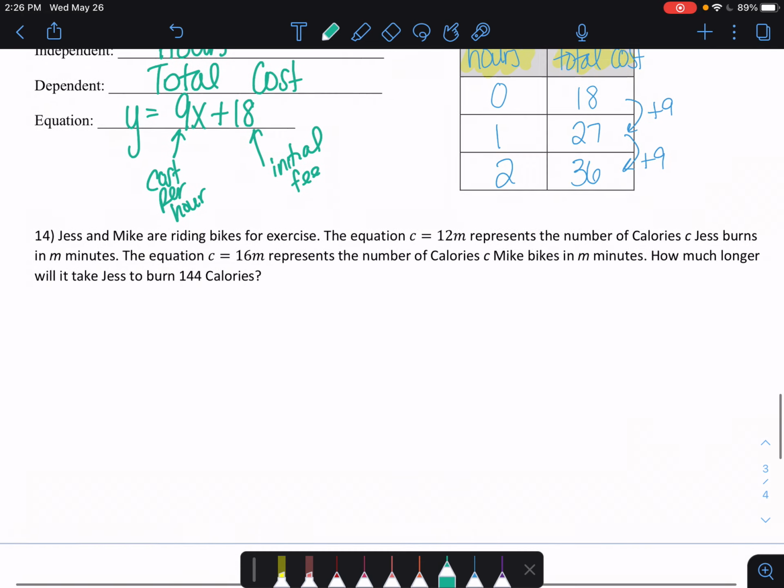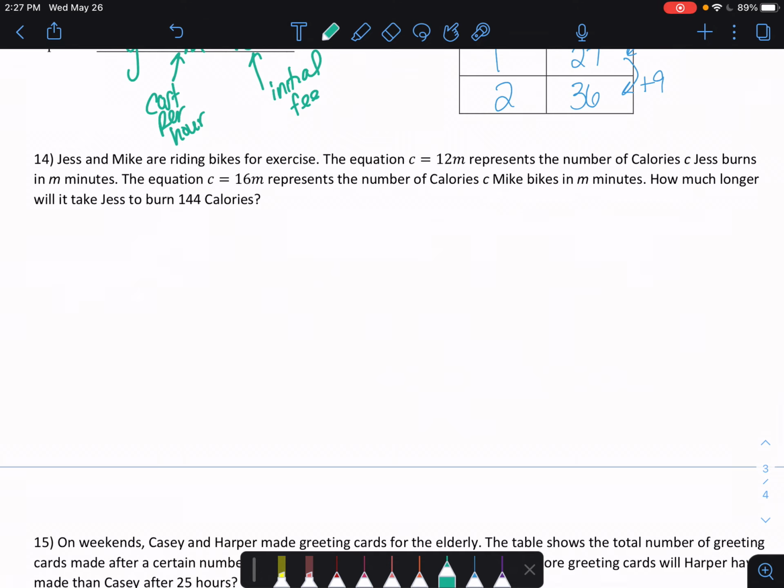Number 14 says Jess and Mike are riding bikes for exercise. The equation C equals 12m represents the number of calories that Jess burns in m minutes. The equation C equals 16m represents the number of calories C that Mike burns in m minutes. How much longer will it take Jess to burn 144 calories?